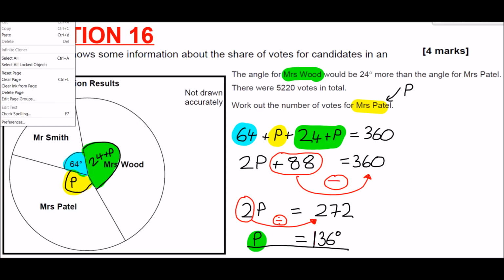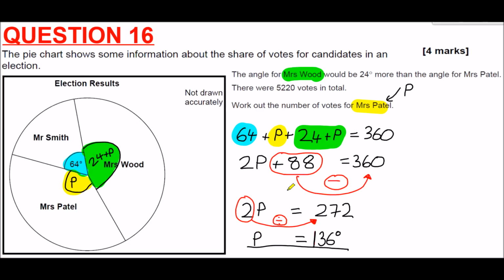Whoops, I said Mrs. Patel was highlighted in yellow. And so altogether, we're told that there's 5,220 votes. Now, because we know now that the angle for Mrs. Patel is 136, we can put this into a calculation.